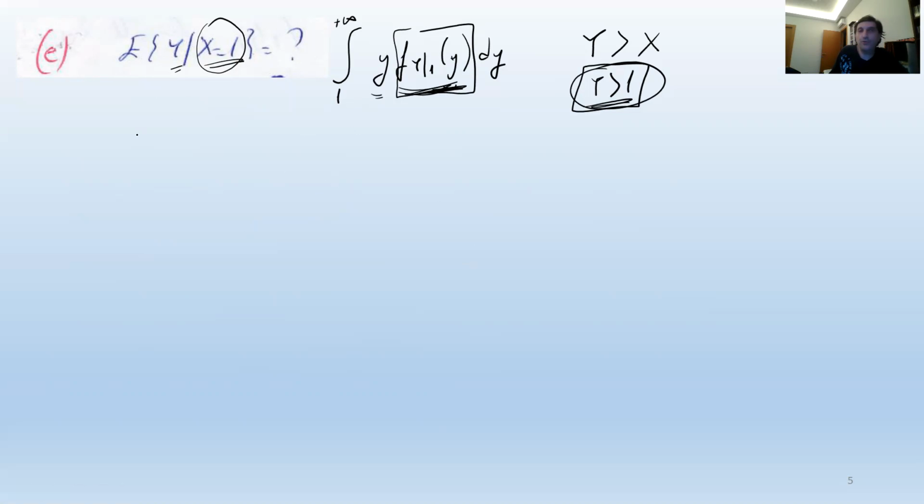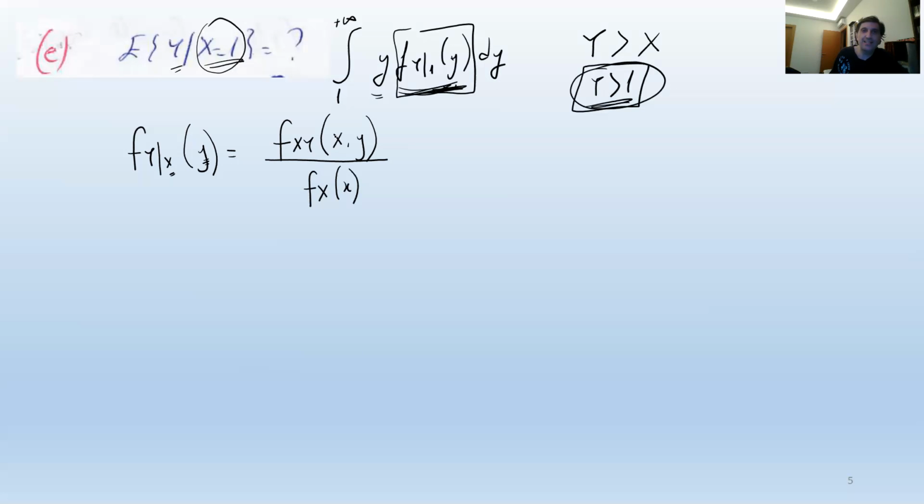And to compute this value, we go back to the relations related to conditional distribution. The conditional distribution of y, given any x value, for the time being, I'm not going to write the corresponding value of 1, so that you are going to see the resulting function more clearly. It's going to be f_xy evaluated at given values of x and y, which are specific values, although they are not defined yet, divided by the marginal probability density function of x at the same x value.